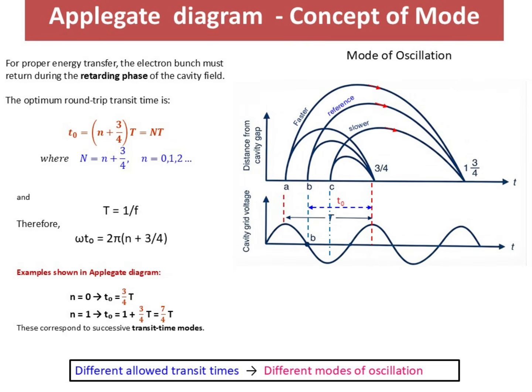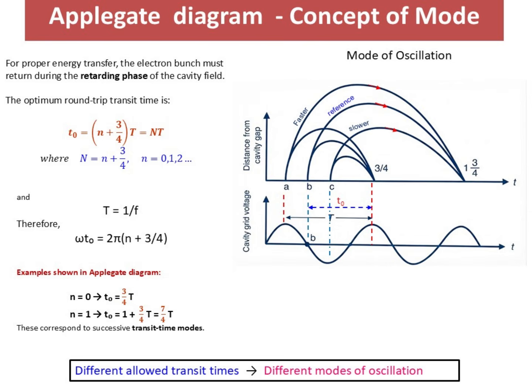Now we come to the important concept of mode of oscillation. For maximum energy transfer, the electron bunch must return to the cavity during the retarding phase of the RF field. The equation shown on the slide gives the optimum round-trip transit time of the electron bunch. Instead of reading the complete equation symbol by symbol, you can say: the electron transit time must be equal to 3/4 of a cycle, plus an integral number of complete RF cycles.